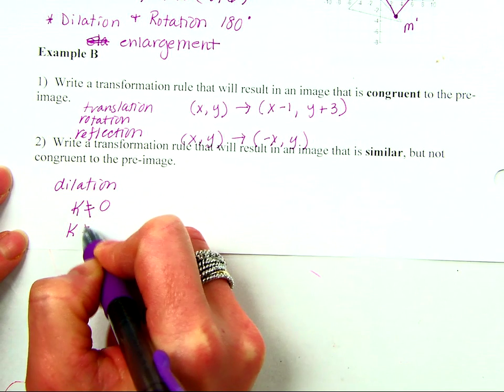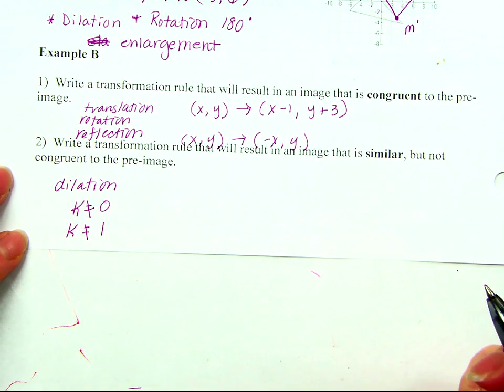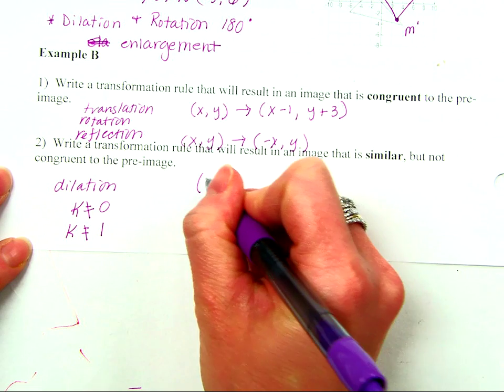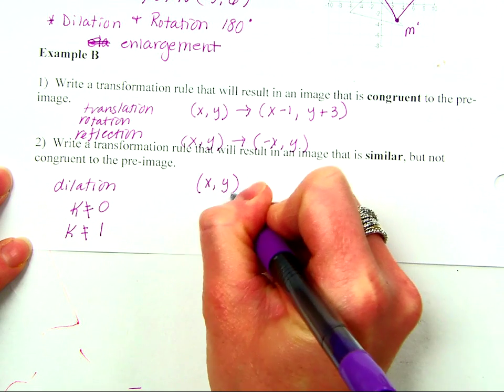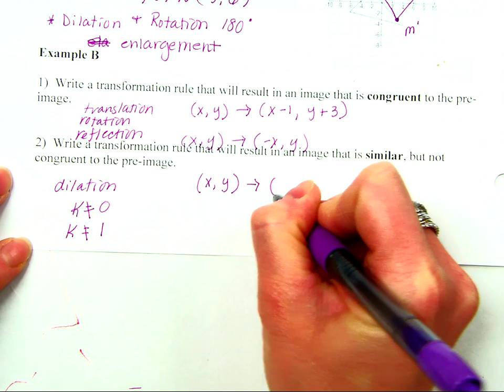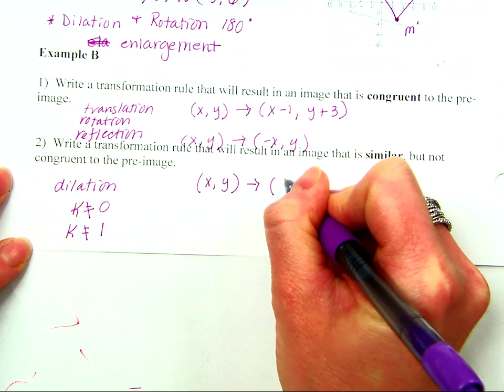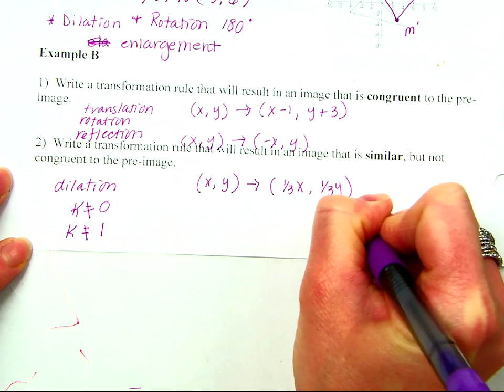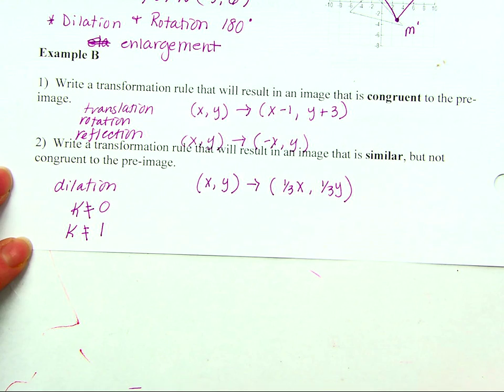We also do not want our scale factor to be 1. So if we are going to give a specific example, it does not tell me if it has to be larger or smaller. So I'm just going to go ahead and write, take x, y, and map it to the point 1/3 x, comma, 1/3 y. And that would be my final answer.